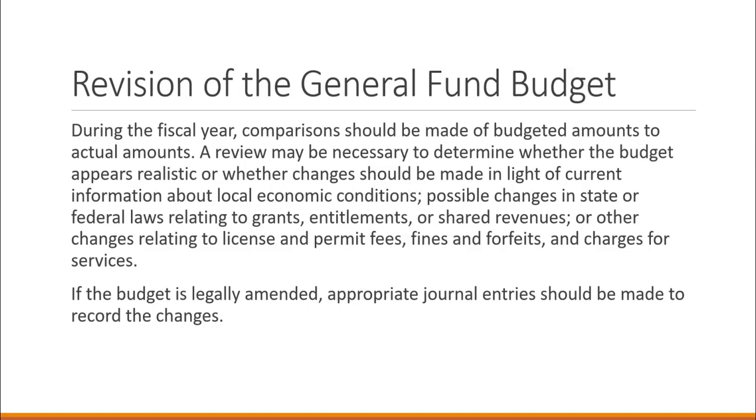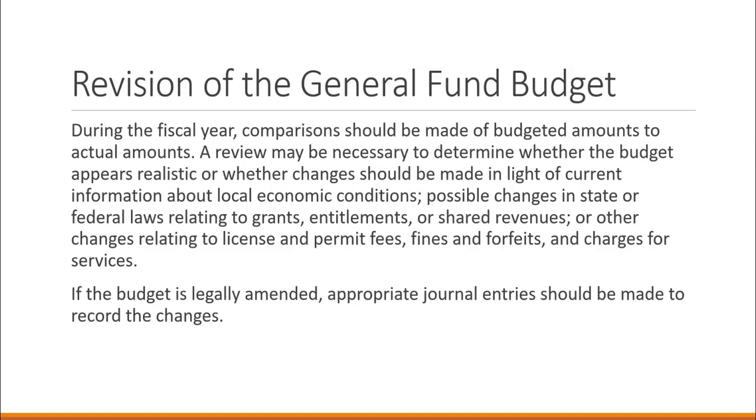Because the budget is a legally set amount that gets voted into process, the budget also has to be legally amended. When we revise the budget, we have to think, okay, we're not going to collect these amounts, or maybe we're going to have a surplus and we need to look at that.